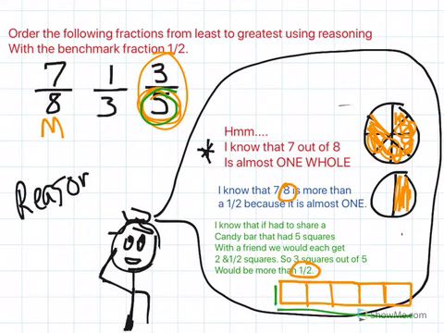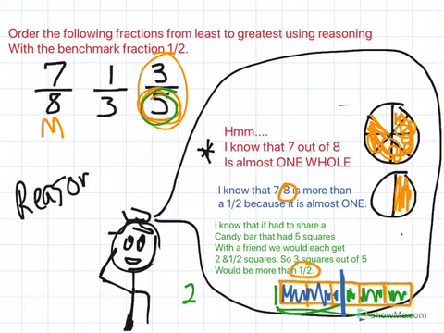Now, if a friend and I are going to split this candy bar, I'm going to say I get one, and then my friend gets one, and then I get another one, and then my friend gets another whole piece, and then we have one left, so we're going to split this one, and I'll get this part, and my friend would get this part. So now looking at this, if we were going to split 5 pieces in half, I would get 2.5 pieces.